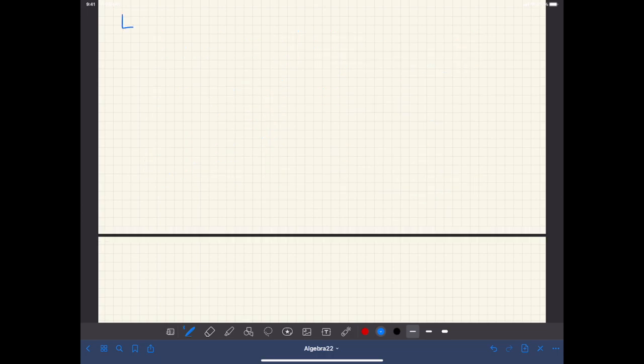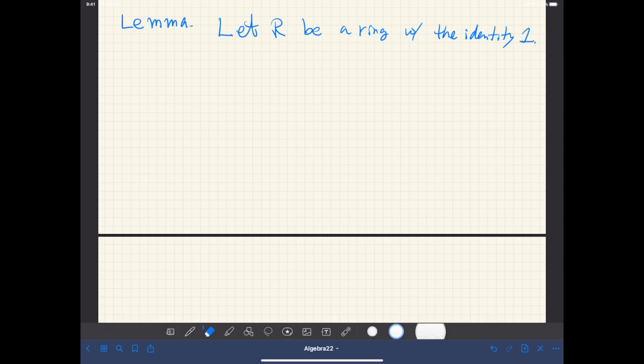Now let's see the following lemma. Let R be a ring with the identity element 1, and let I be a non-zero left ideal.